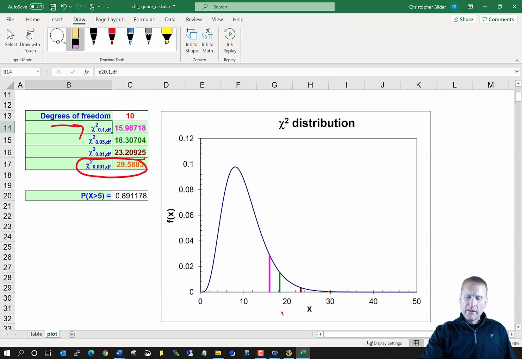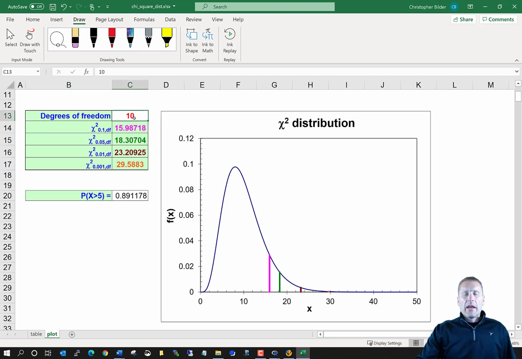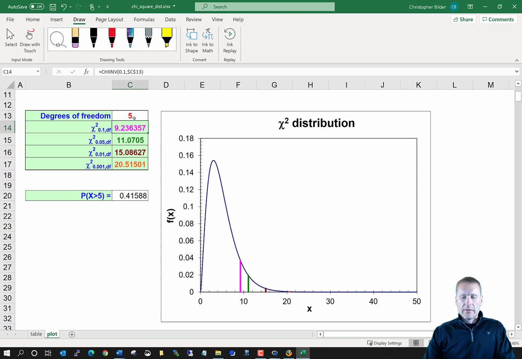As I said, this is an interactive Excel file. So that means that if I want to, I could change my degrees of freedom, and I could see the plot update. So look what happens if I drop the degrees of freedom. Suppose it's 5. Now we can see the distribution moving to the left. From an intuitive standpoint, you should think about why this is occurring.